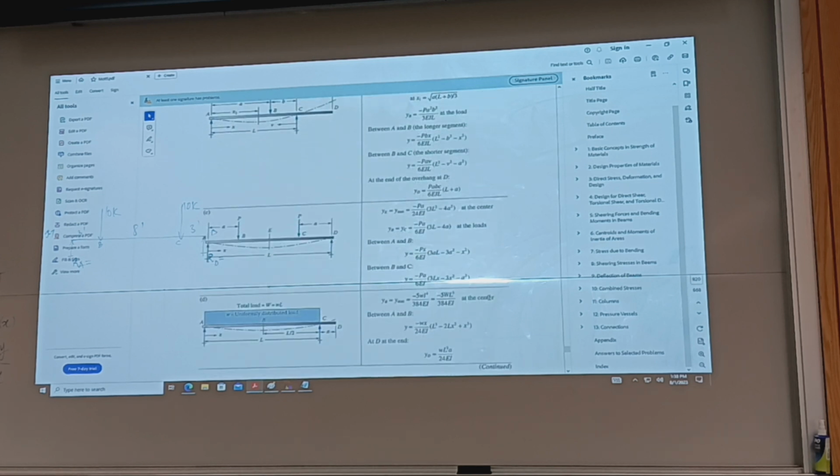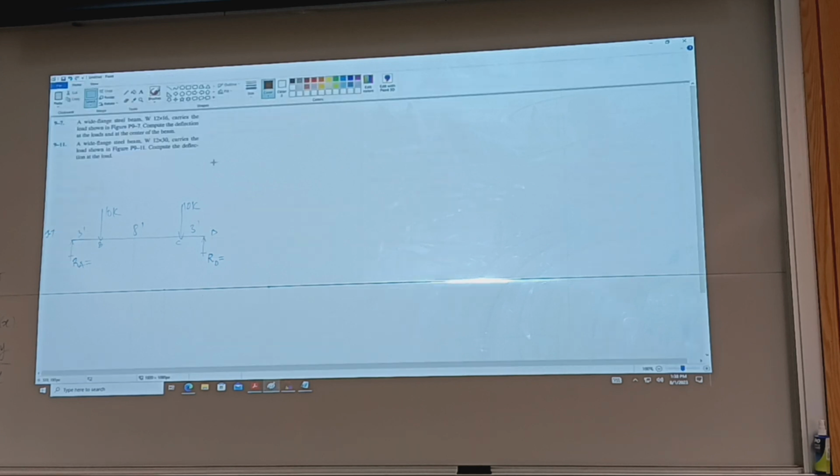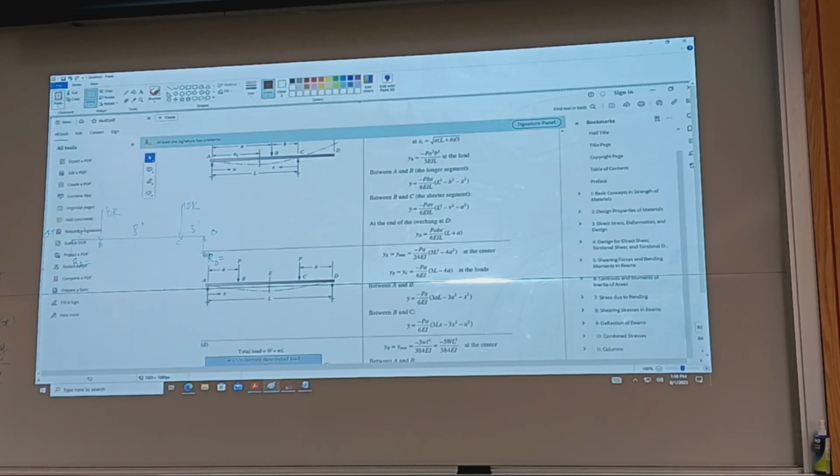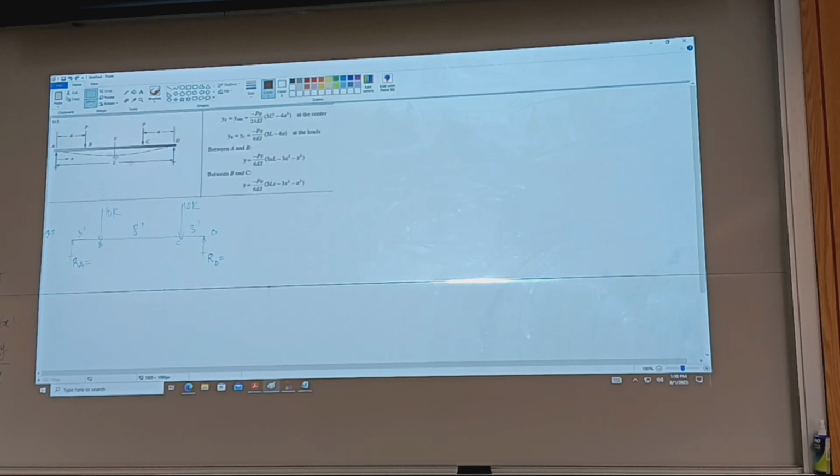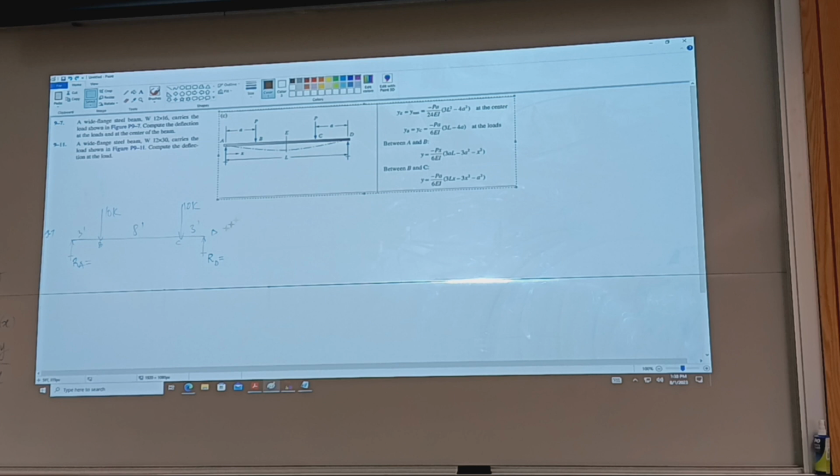So I'll print screen and take it to Paint and crop what we need. Let me get a different marker.